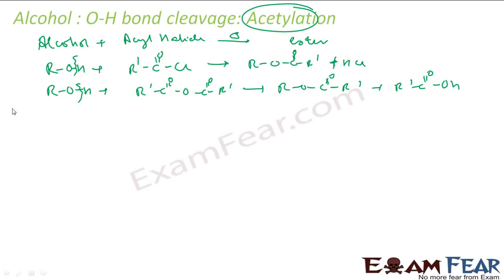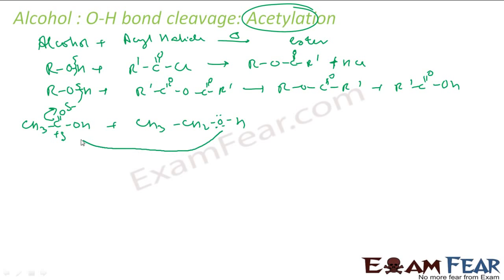So let's see CH3COH reacts with CH3CH2OH. This is negative, it will get negative charge, it will get positive charge. Right? Since it got positive charge, this oxygen here will get attracted towards it. Slightly negative charge. Here I have H plus, so it will get attracted to H plus. So with this, let's see the product.